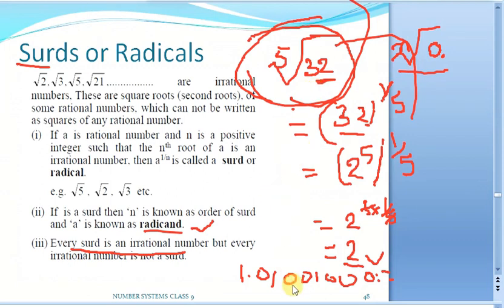But every irrational number may or may not be a surd, but for sure every surd is going to be an irrational number. So here every surd is going to be irrational, but every irrational may or may not be a surd. This is the thing we need to keep in mind.